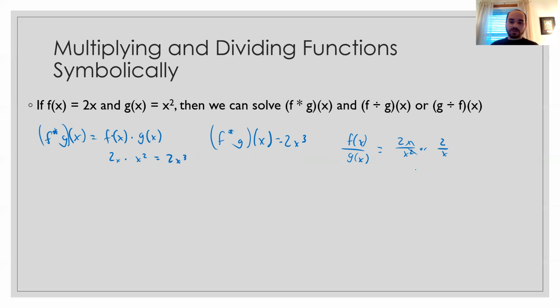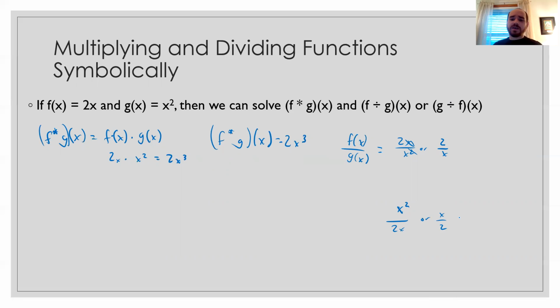The x, of course, cancels with the squared on the bottom. And then g divided by f of x is equal to g of x divided by f of x, which in this case would be x squared over 2x, or x over 2.